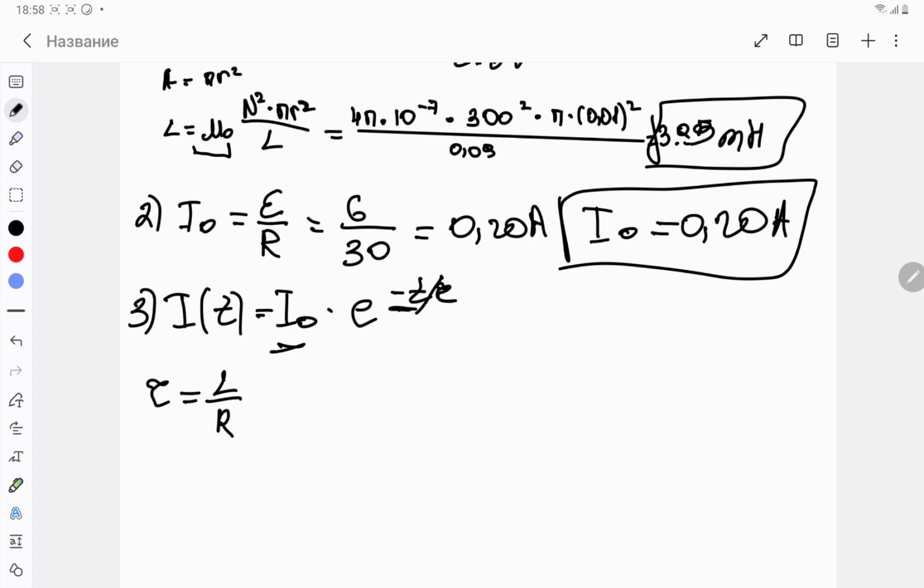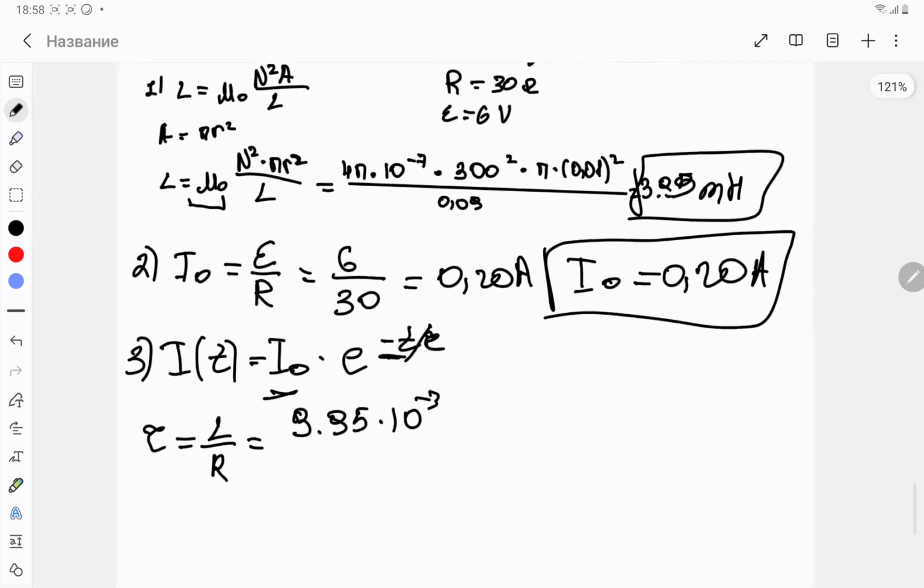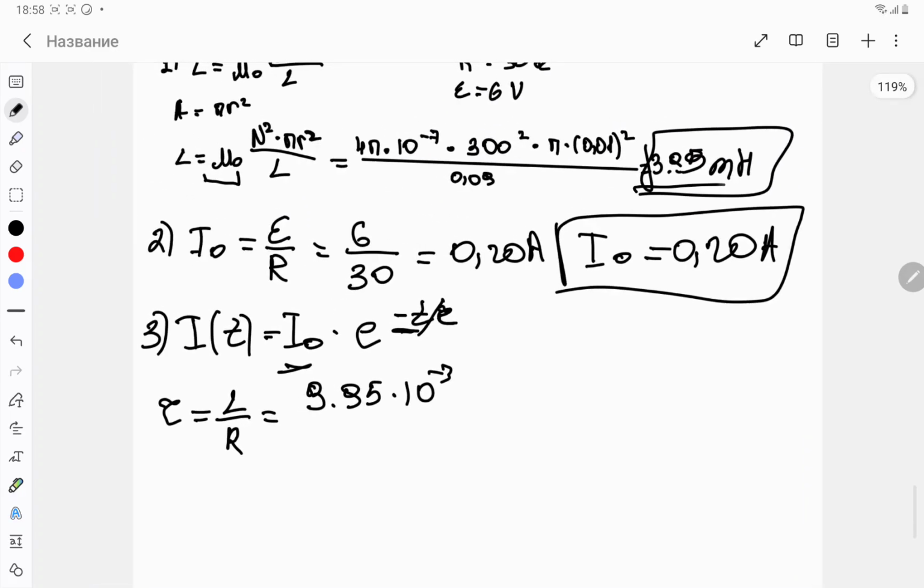So let's solve step by step. I want to solve it first. Okay, we find it here. So over resistance is equal to 30.